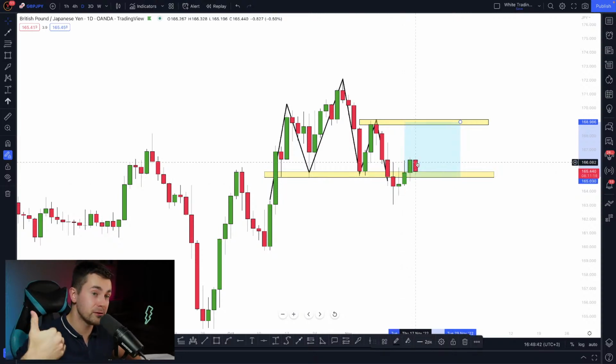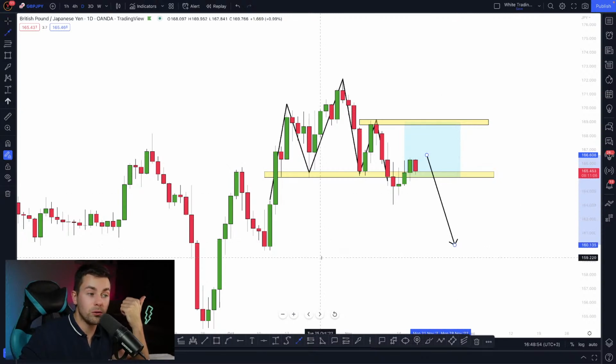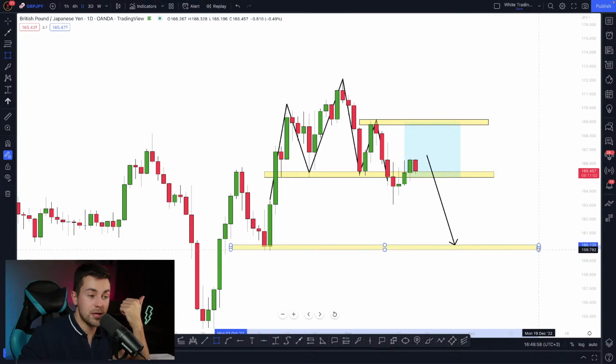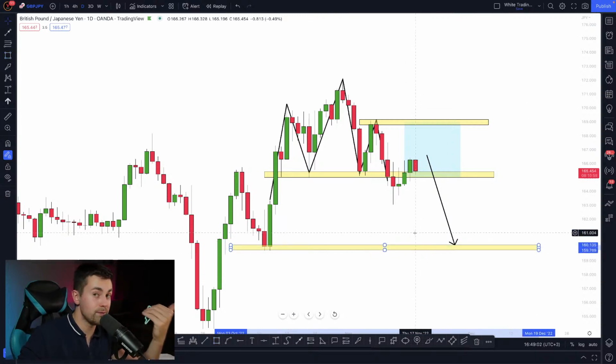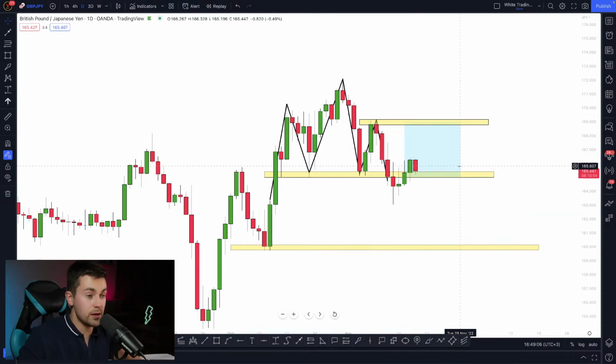Within that entire area, we are expecting the accumulation of selling volumes. So I still believe that this one will drop and will manage to reach that support. Yes, I'm very bearish.